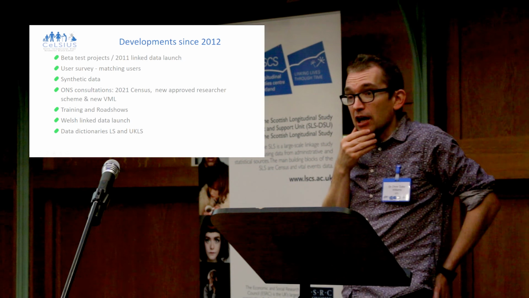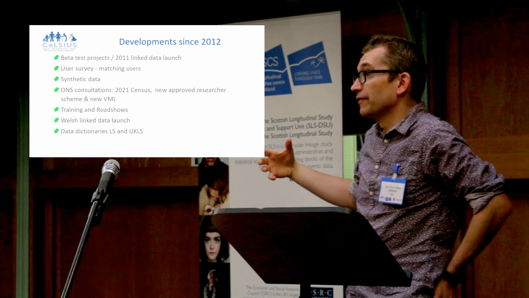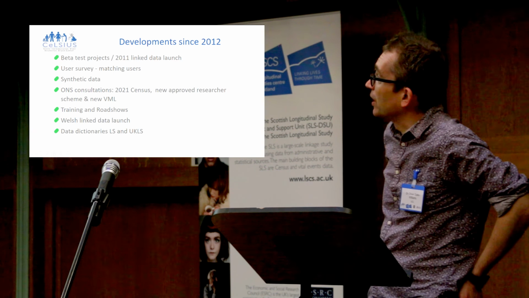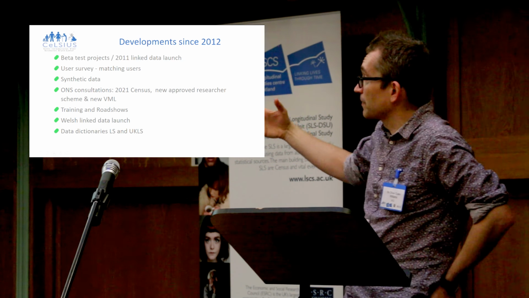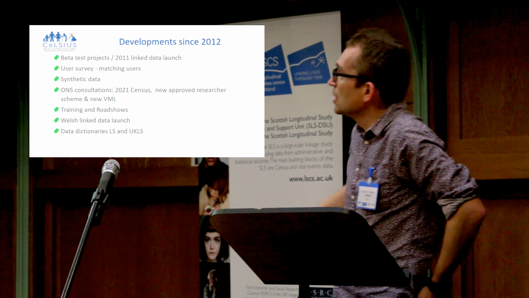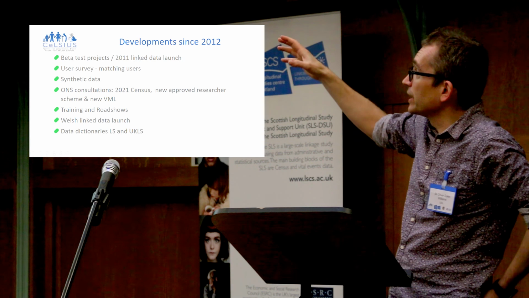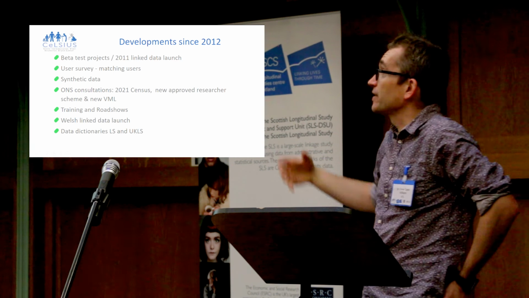So a brief resume of some of the things we've done in our current funding round since 2012. When we were starting in 2012 under the current phase of CeLSIUS, we were looking towards the link of the 2011 sample and beta test projects to test that sample.